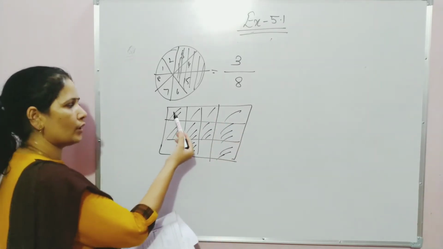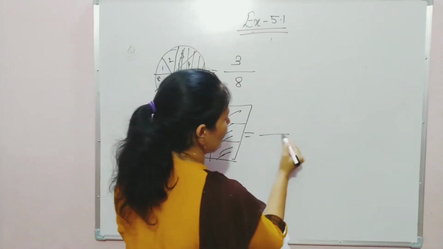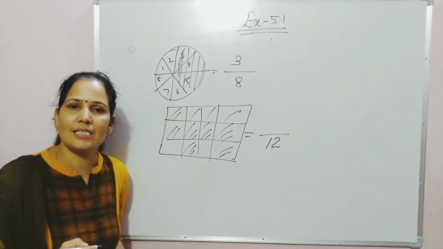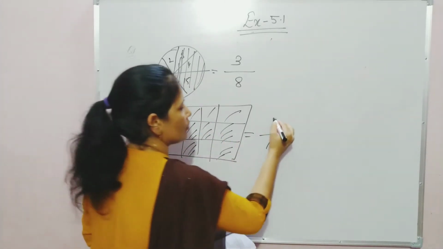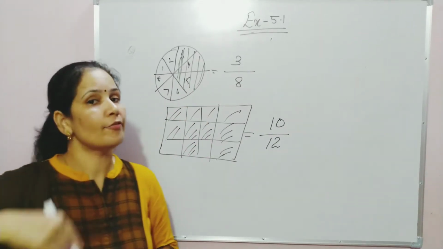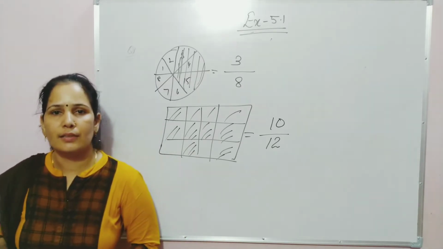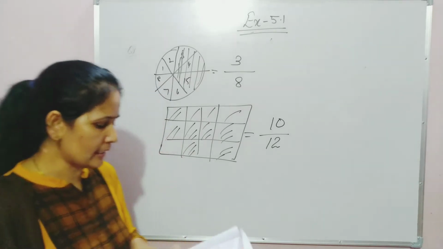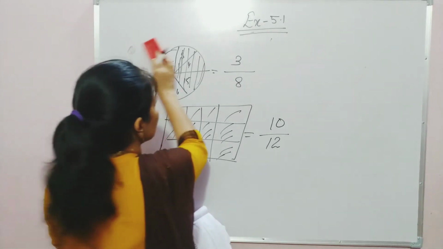So first the total: 1, 2, 3, 4, 5, 6, 7, 8, 9, 10, 11, 12. Total parts are 12, and 12 is our denominator, and shaded are 10. So the fraction is 10/12. In a fractional number, how do we write 10 12ths? So this is question number 3, and the rest you have to fill in by yourself in the book only.